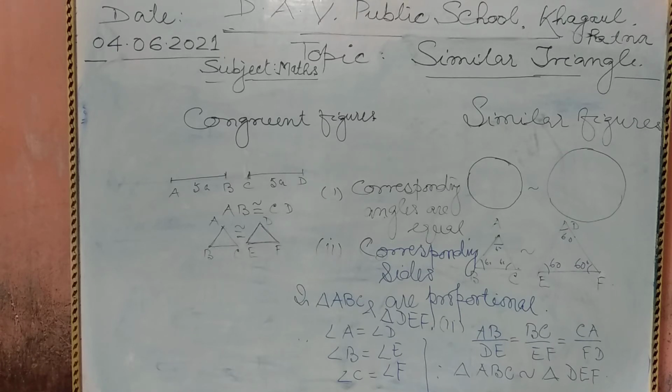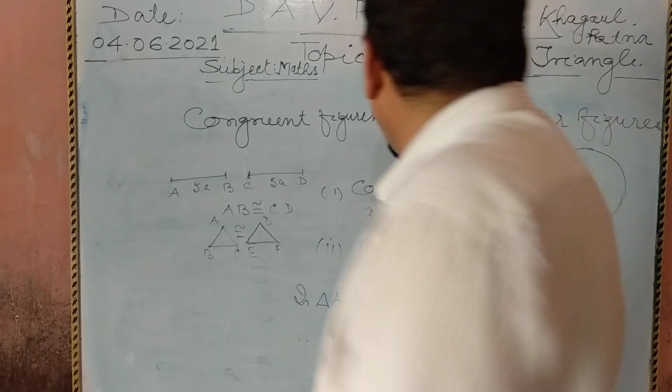Okay, and then both conditions must be satisfied. First, corresponding angles must be equal and corresponding sides are proportional. If these two things are satisfied, then we can say that the given geometrical figures are similar figures. Okay.